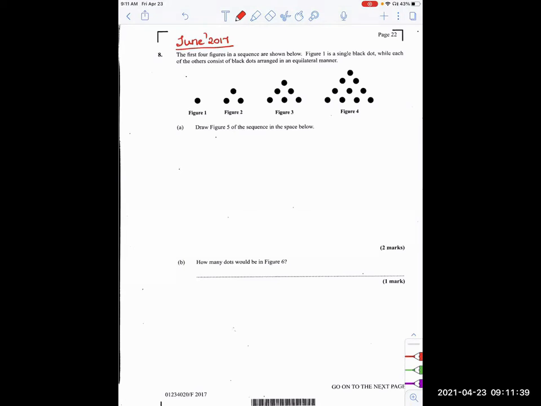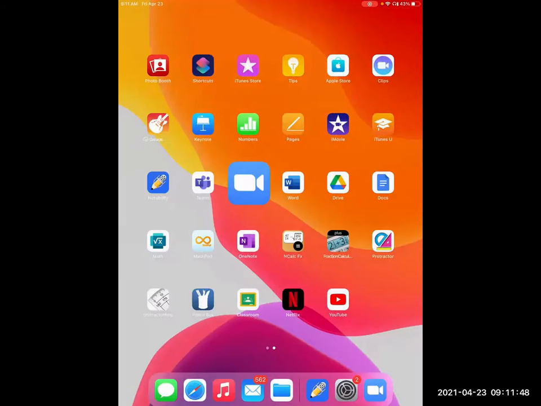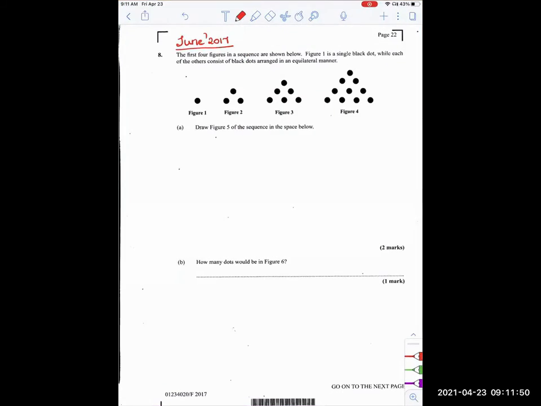What does the word equilateral mean? All sides are equal. All sides are equal and all angles are equal as well, right? So figure 1 has 1 dot, figure 2 has 3 dots, figure 3 has 6 dots, right? Figure 4 has 10 dots.